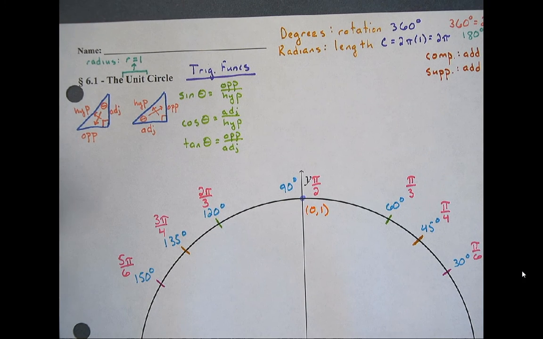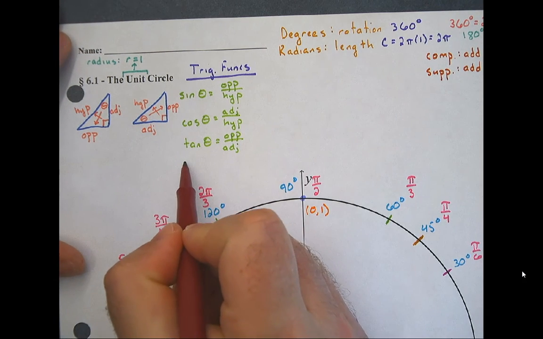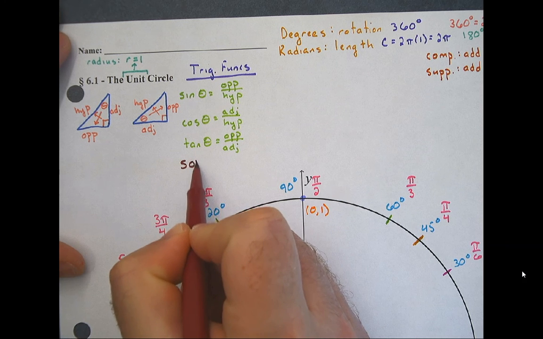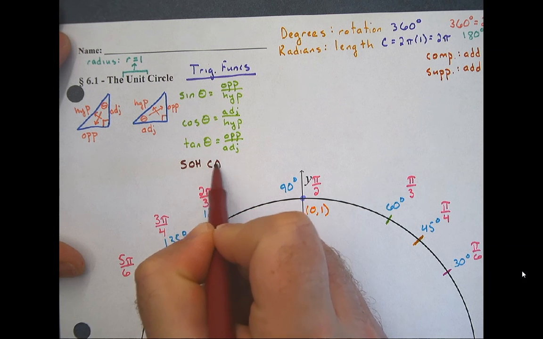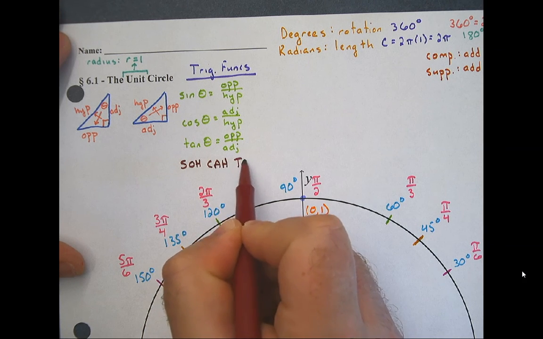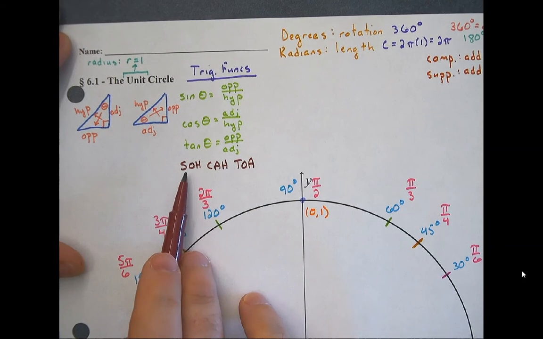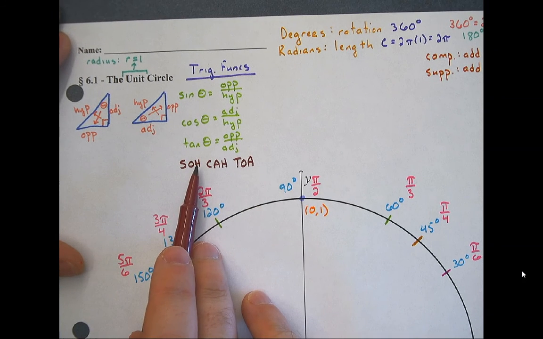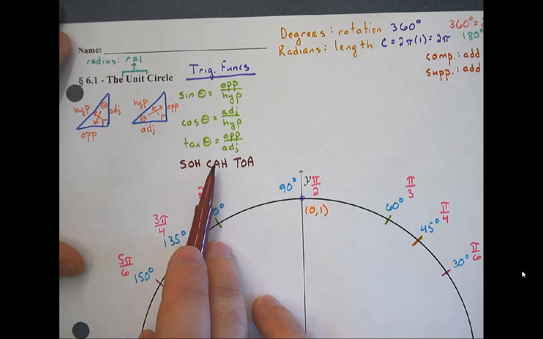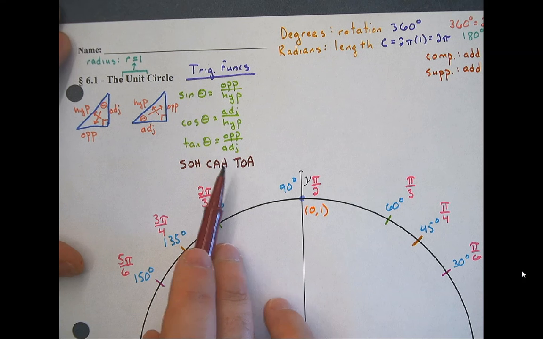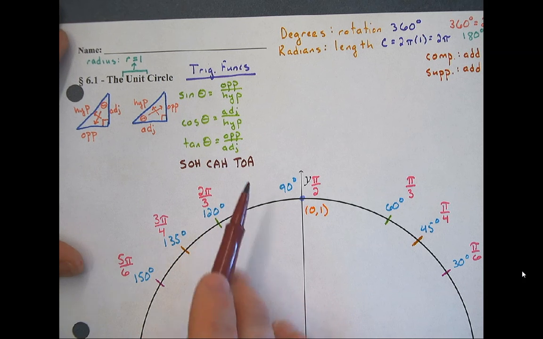Now we have a saying that helps us remember, and this is what we call SOHCAHTOA. SOHCAHTOA: sine is opposite over hypotenuse, cosine is adjacent over hypotenuse, tangent is opposite over adjacent.